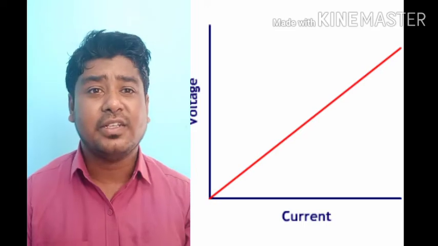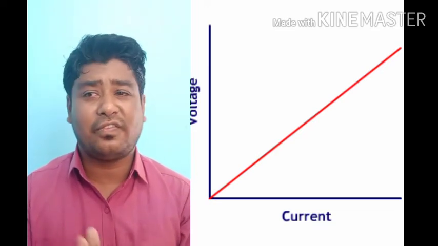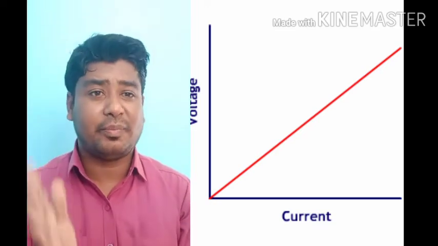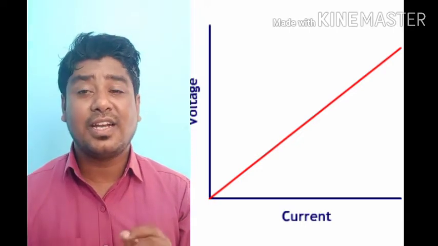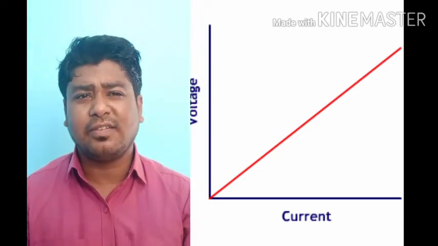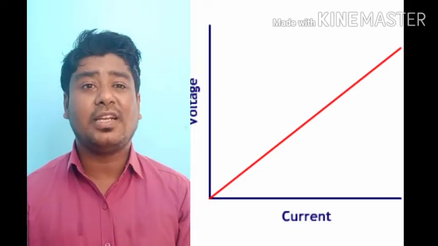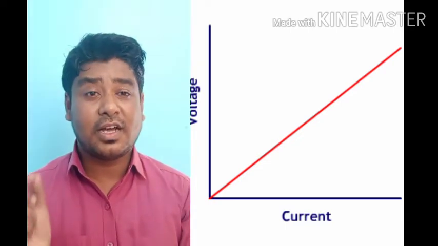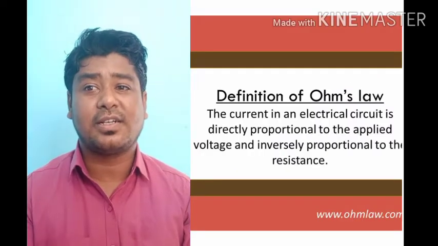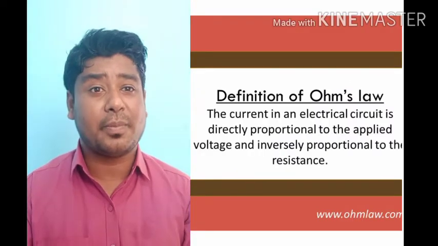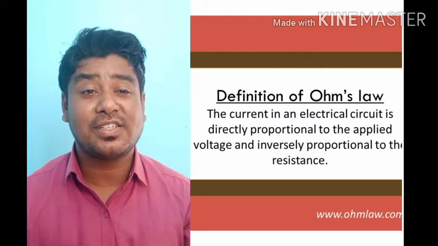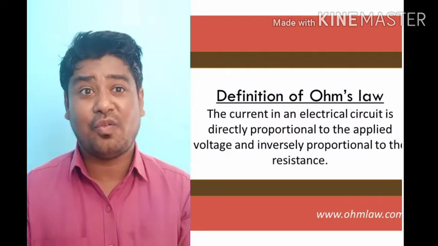When you plot a graph of potential difference and current, we get a linear graph. It varies linearly. From this we can conclude that the current across the conductor is directly proportional to the potential difference between the two ends of the wire.